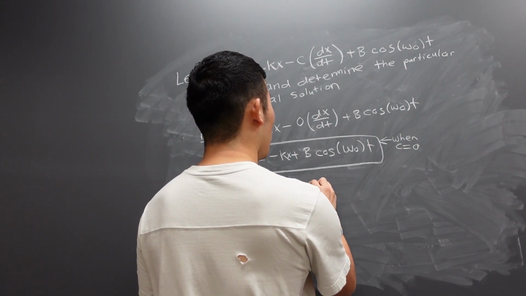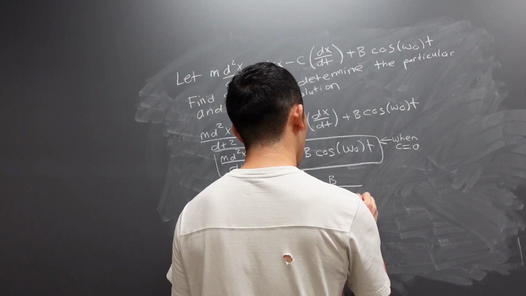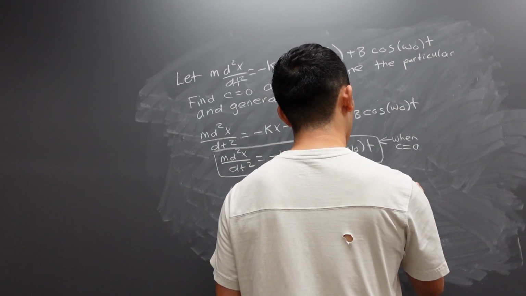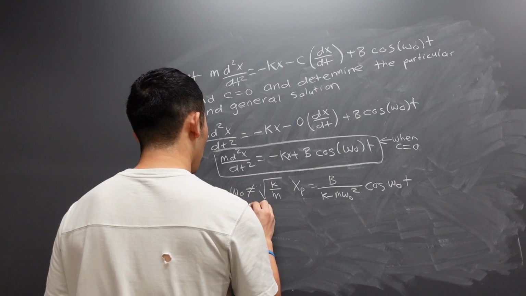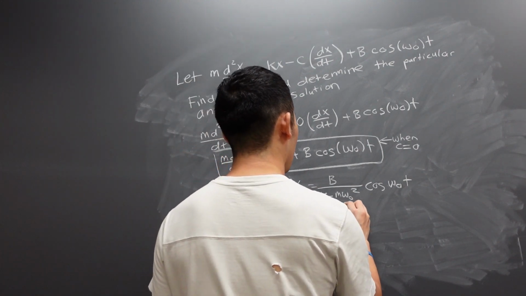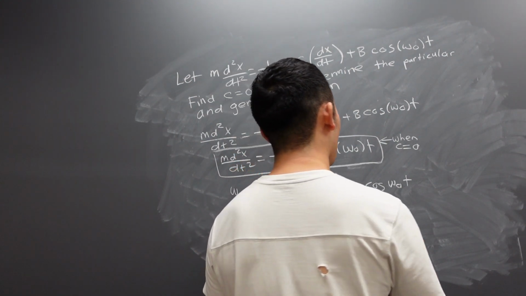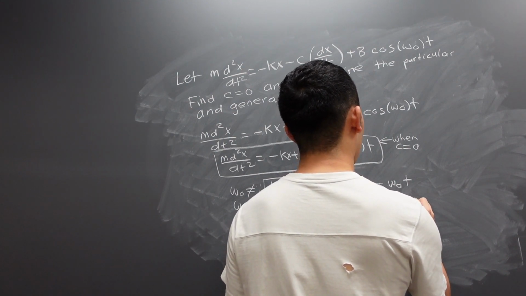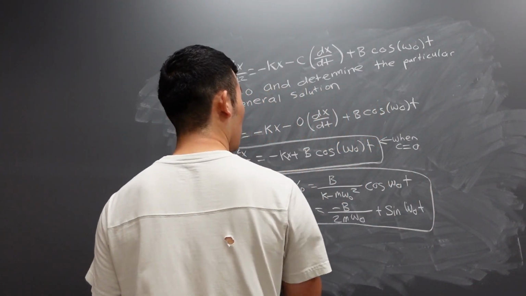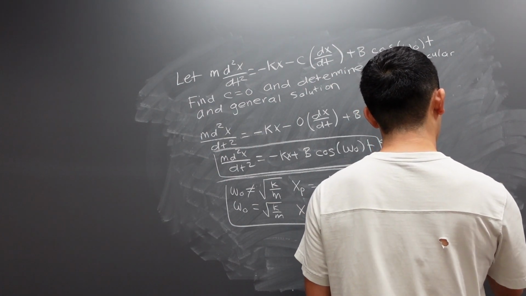So xp would be b divided by k minus m w0 squared times cosine of w0 t, and let w0 be equal to square root of k over m, then xp is b over 2 m w0 times t sine of w0 t. This is the particular solution.